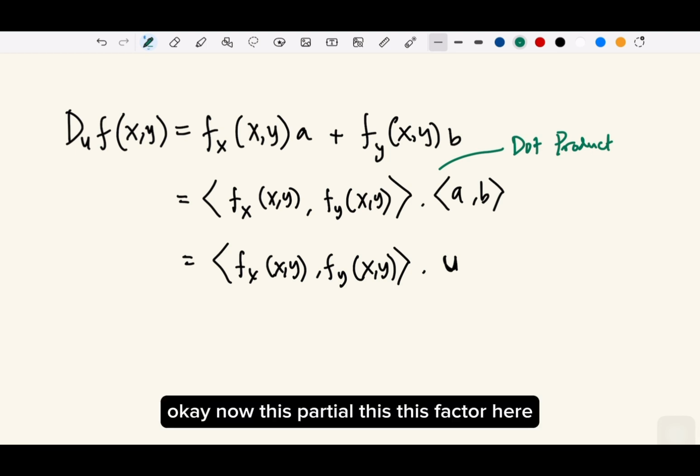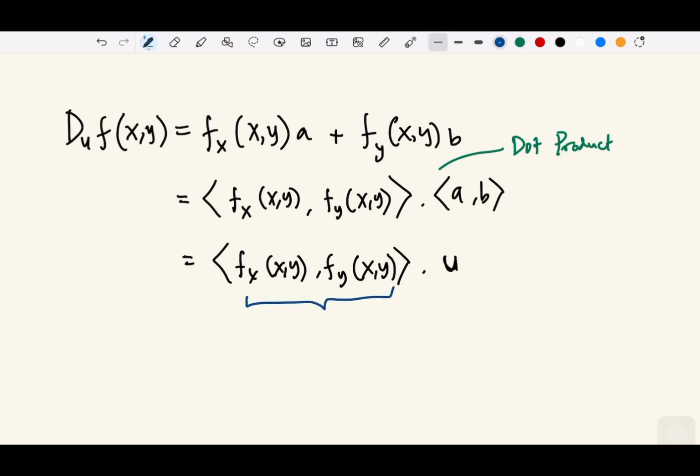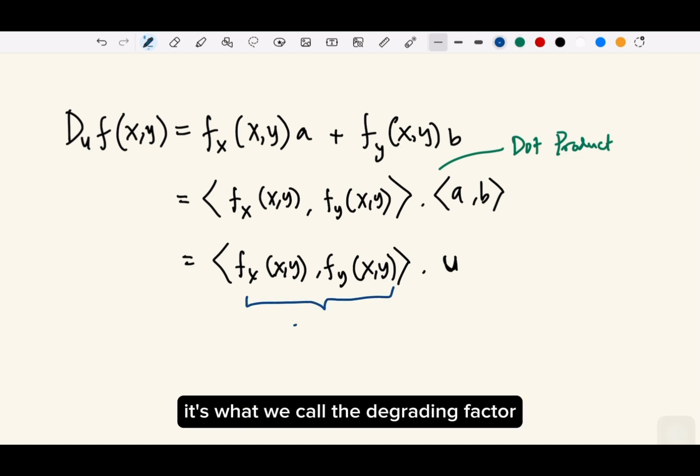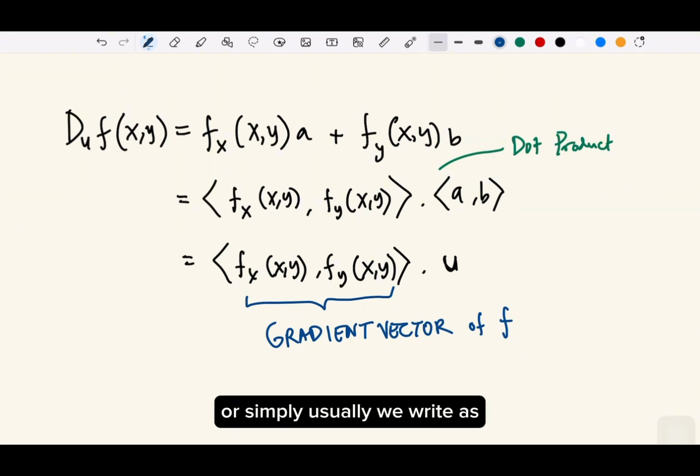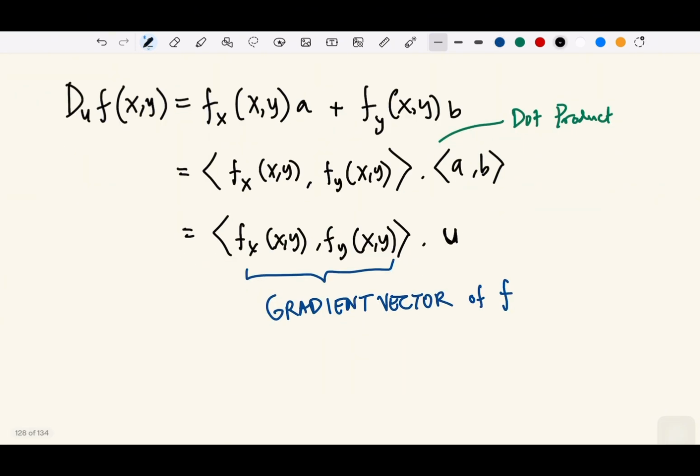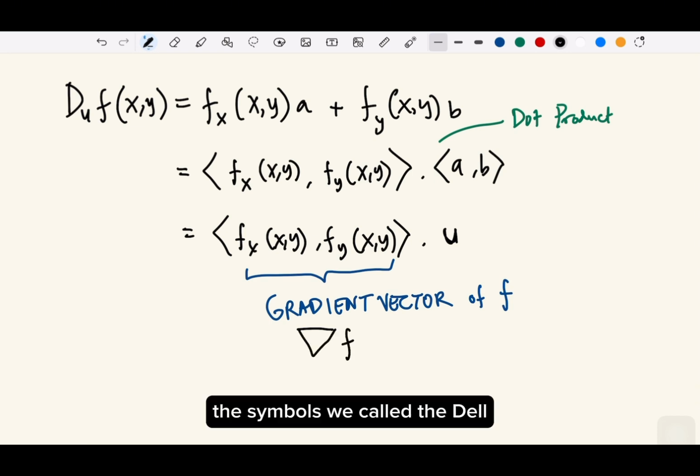Now this vector here is what we call the gradient vector of function f. Usually we write it with this symbol, which we call the del.